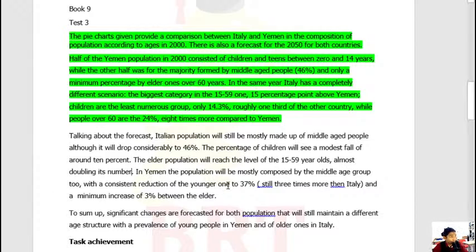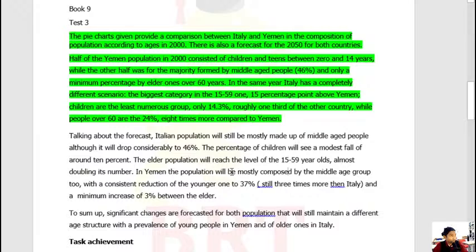In Yemen, the population will be mostly, okay, so we don't use composed for population. We say population is made up of, mainly contains, made up of.